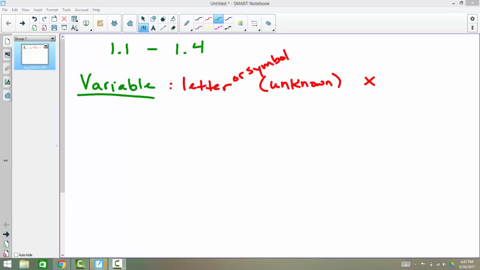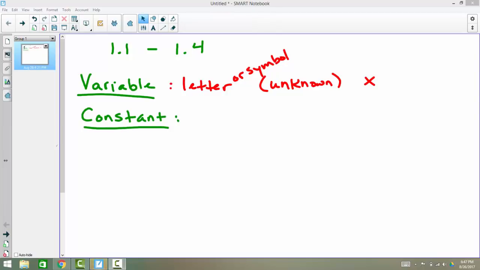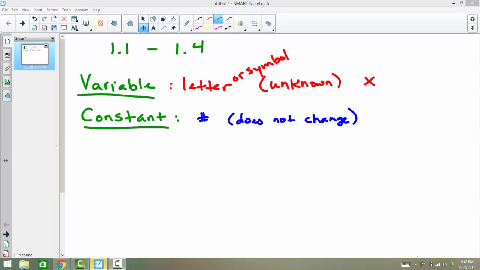All right, the next vocabulary word is constant. And this is a number that does not change. The next vocab is numerical expression.